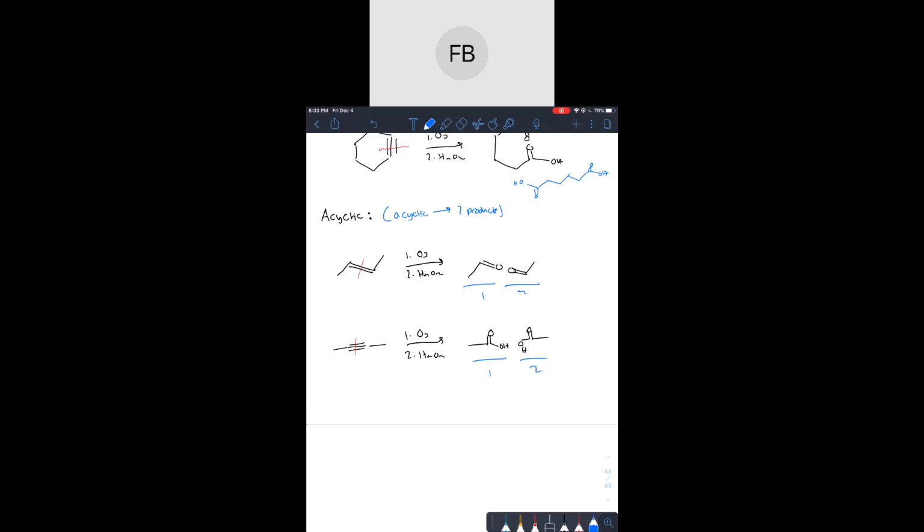So if you see something where the amount of carbons has decreased, you should know that it's most likely ozonolysis. Are we cool with that? Because I don't think we know of any other way. We might learn one by the end of the semester, or I haven't reviewed December 3rd yet, but I'm pretty sure this is the only way we know of breaking off carbons.